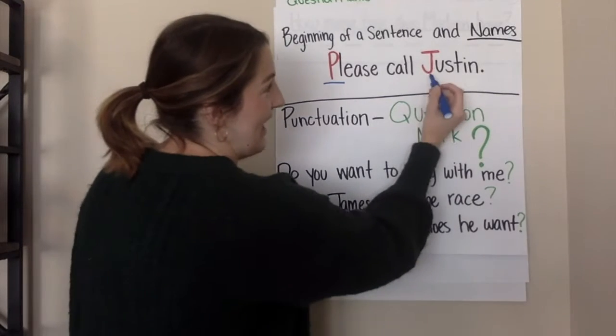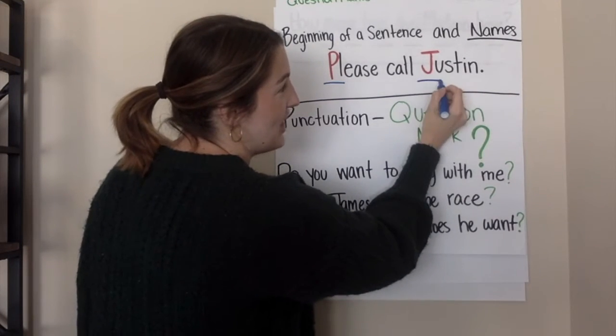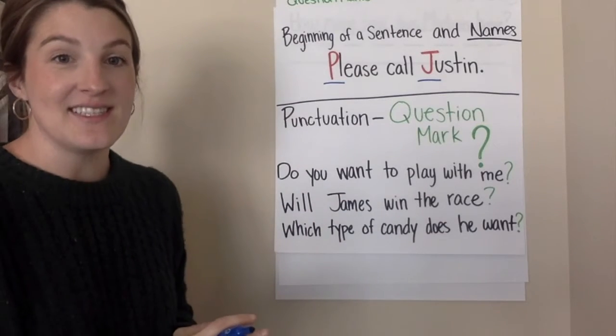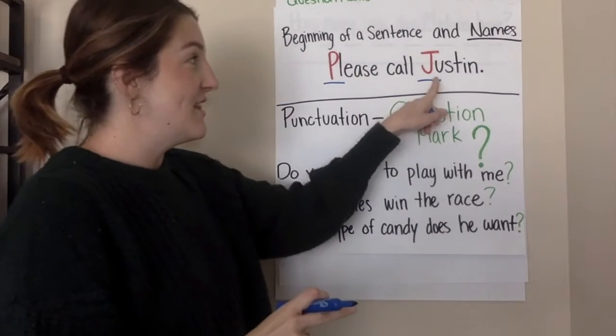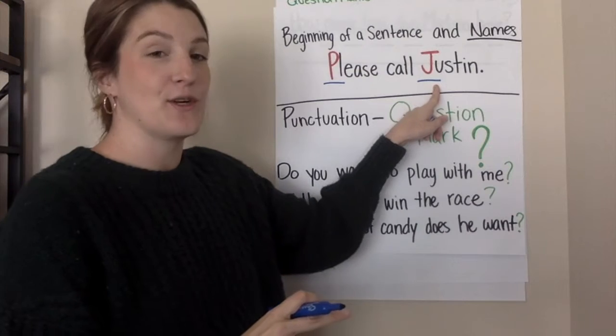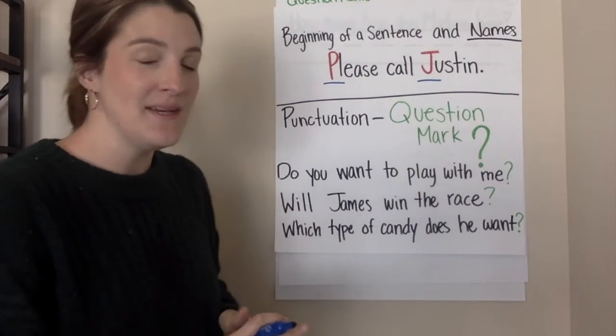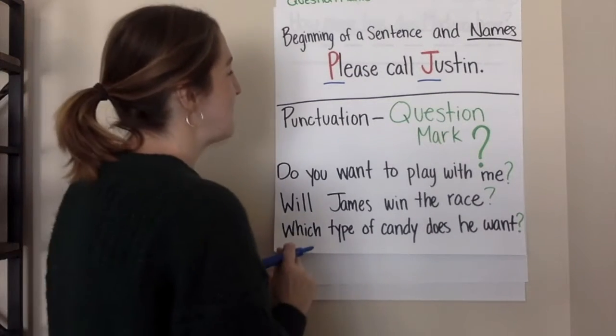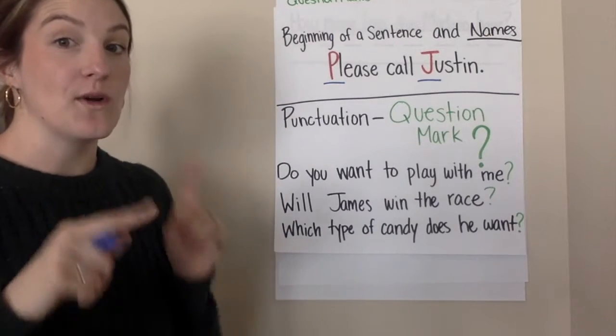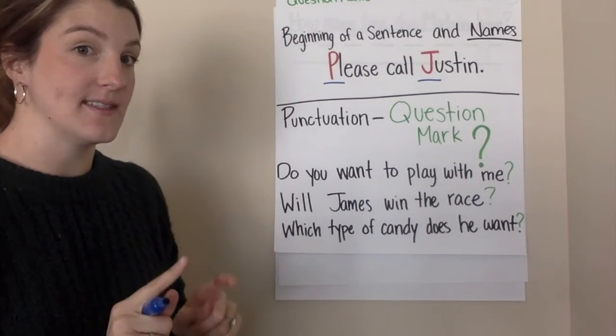The second letter I capitalized was a J. If you said I capitalized the J because it's the first letter of the word Justin, which is a name, give yourself a pat on the back. Good job. So we're going to have to remember those as we write our sentences.